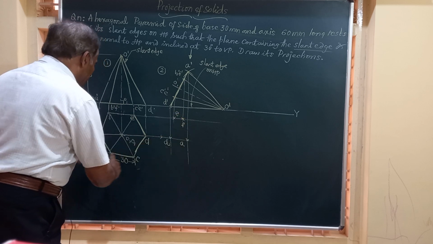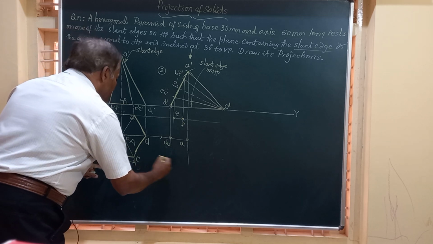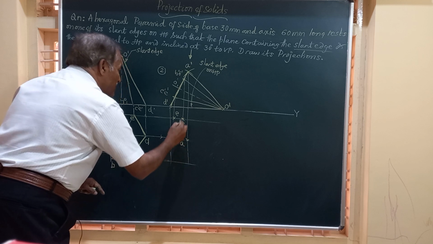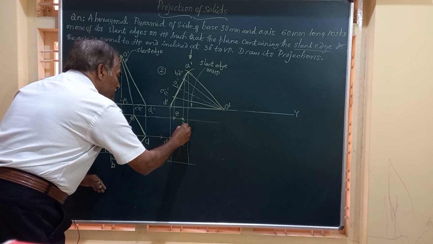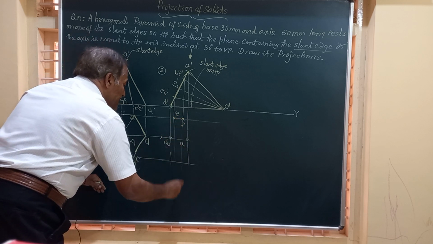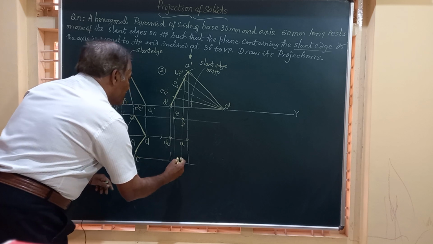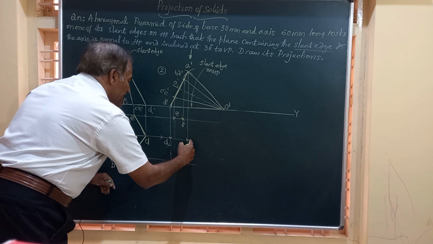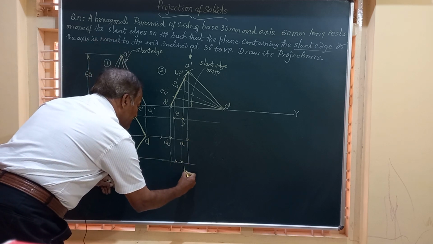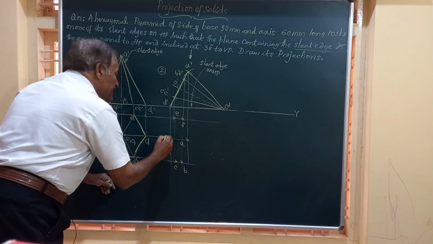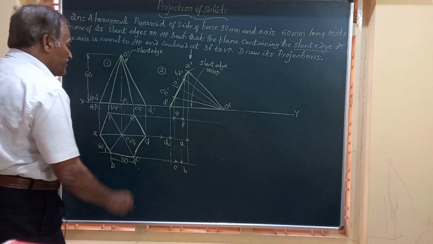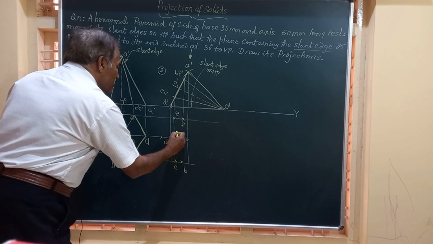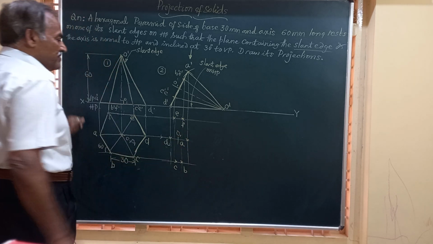So E and F. Here you should get B and C. So friends, draw a horizontal line from here. And then friends, vertical lines from these two. Friends, they will meet here. And we can call these points as, this is A, this is B, point C, D, this is E and F. So friends, you have got all the 6 corners, and at the center, you get O1, the center of the base.